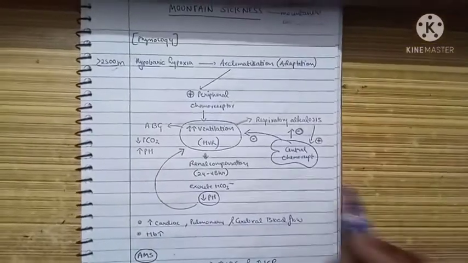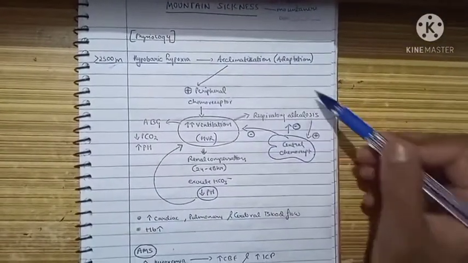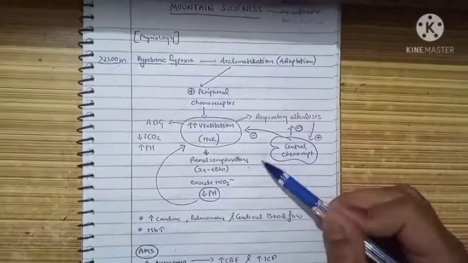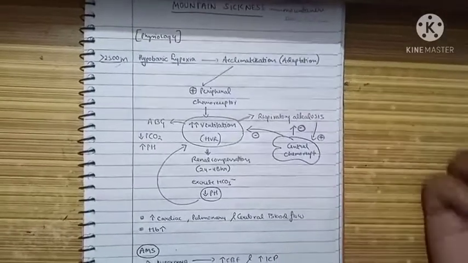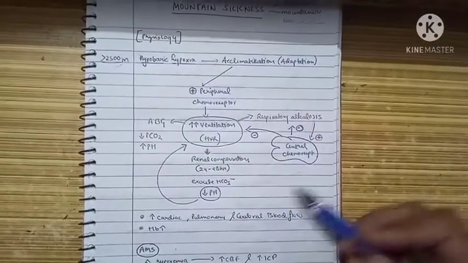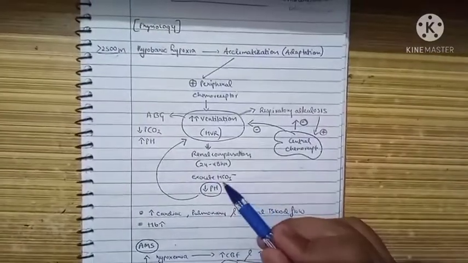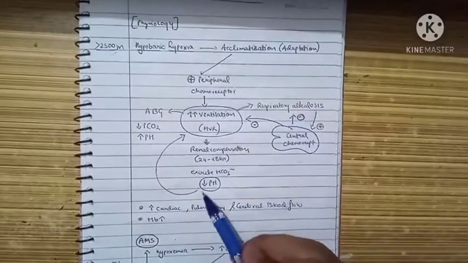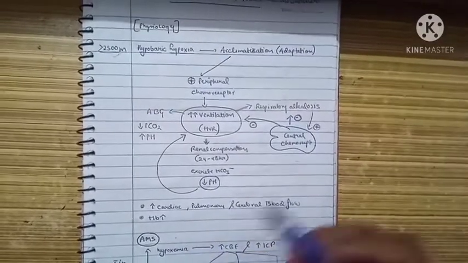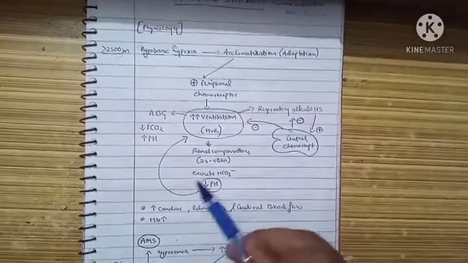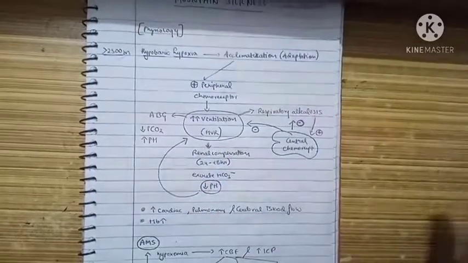Now after 24 to 48 hours of this acclimatization, we have renal compensation. The kidneys come into play, and there is increased excretion of bicarbonate. This increased excretion of bicarbonate will again lead to a decrease in pH. This condition is acidosis, and acidosis will again increase the ventilation.